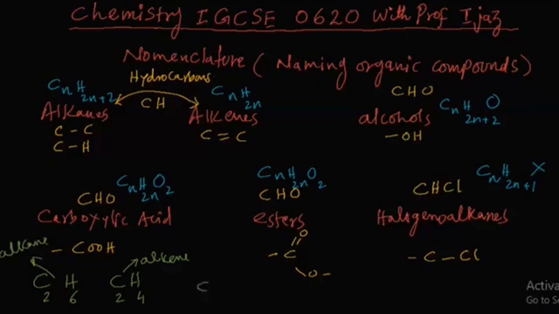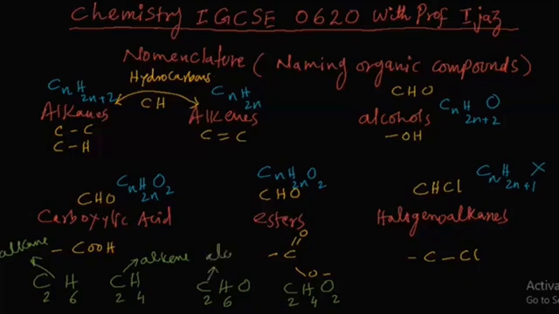Now, if we have C2H6O or C2H4O2, to get the general formula of alcohol, you can use the carbon to hydrogen ratio of alkane and just add one oxygen to get alcohol.